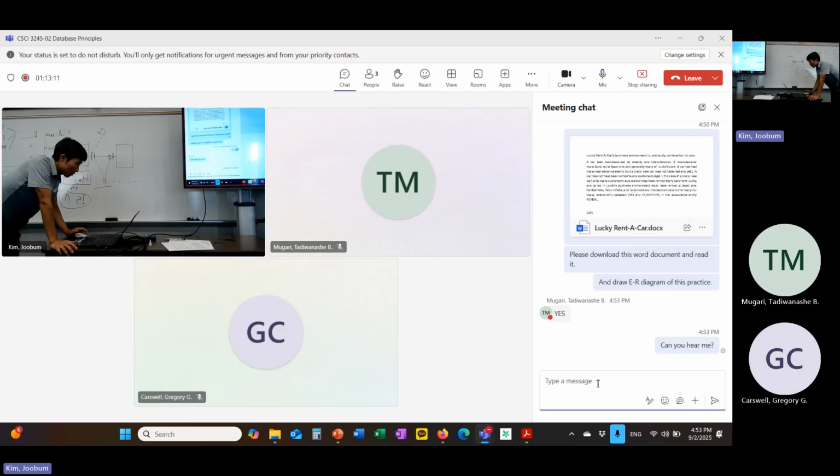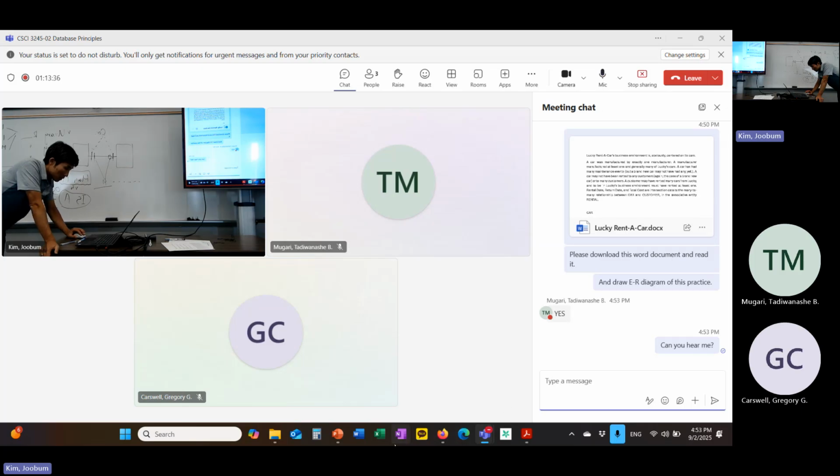Okay, you can download the file and then try to draw the ER diagram of this practice. Read the description and then take a look at the entity and attribute. Using those two pieces of data, you can draw the ER diagram of this Lucky car.